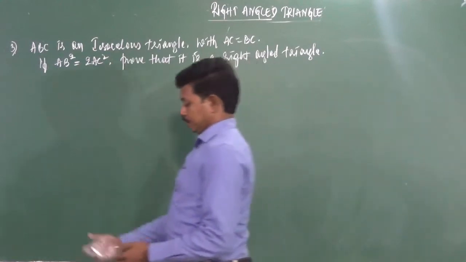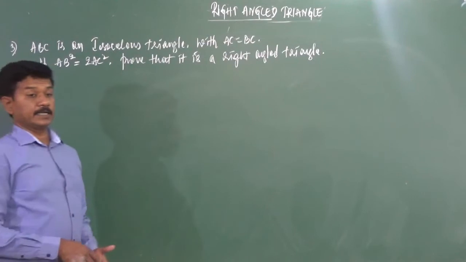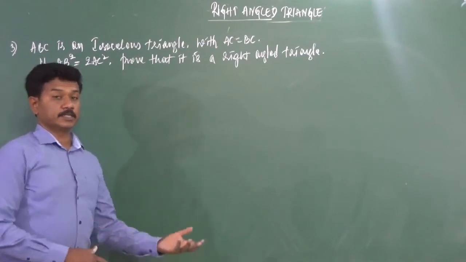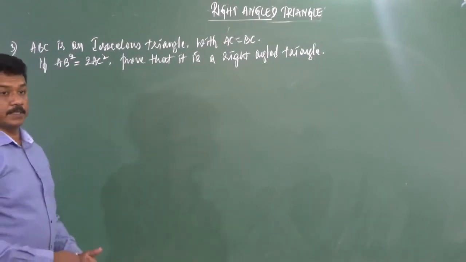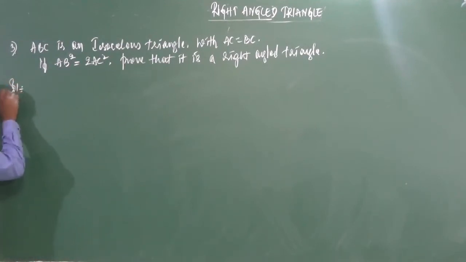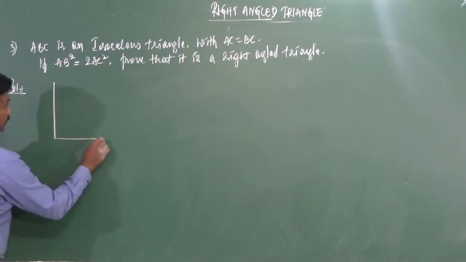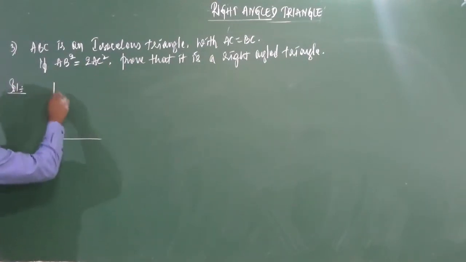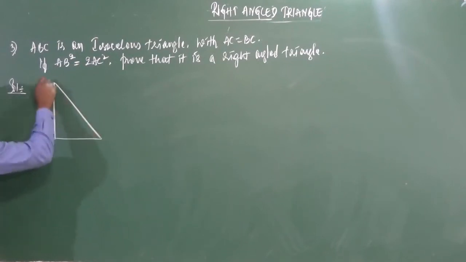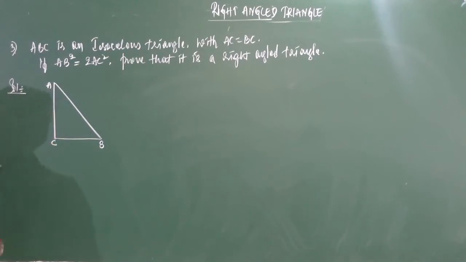Okay. So in a question, if you are asked to prove that the given triangle is a right angle triangle, it's nothing but a problem on converse of Pythagoras theorem, right? So we'll go with the solution. ABC is an isosceles triangle with AC is equal to BC.